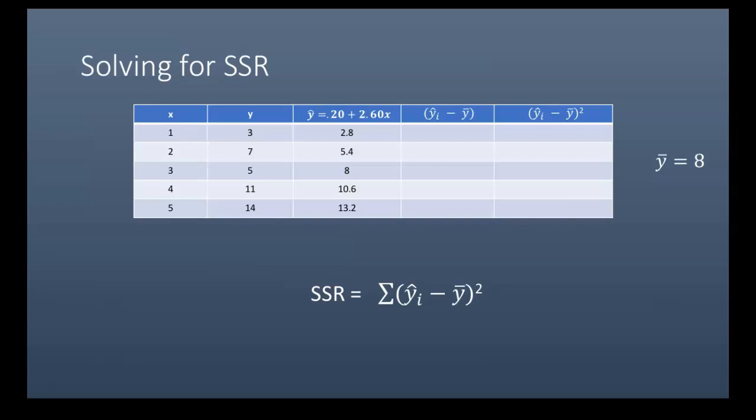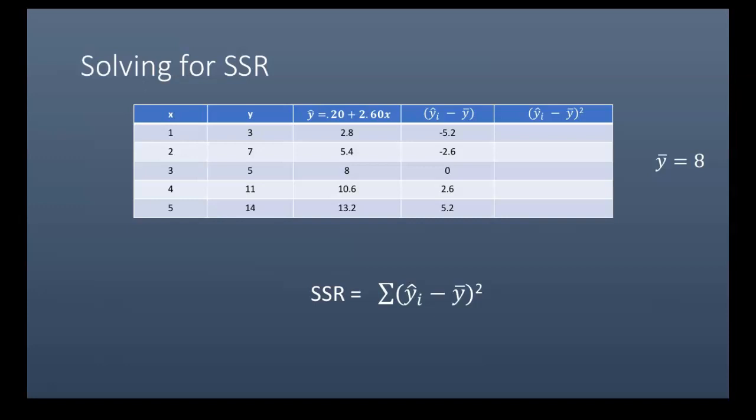Now we have y hat minus y bar. So we're taking each of the values in our y hat list and subtracting 8. So 2.8 minus 8 is negative 5.2. 5.4 minus 8 is negative 2.6.